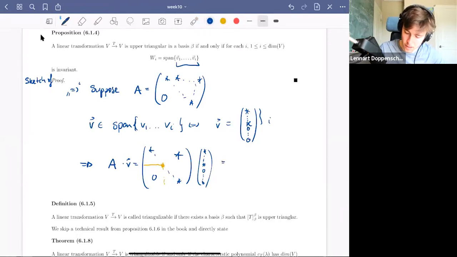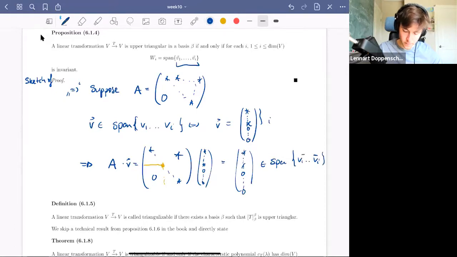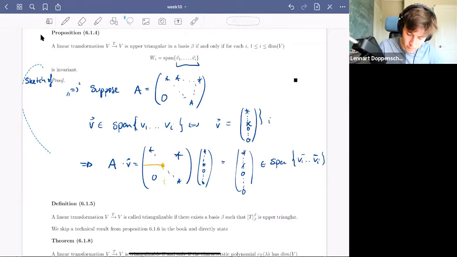So this means this is again something of the form. Okay, this is half of the proof.